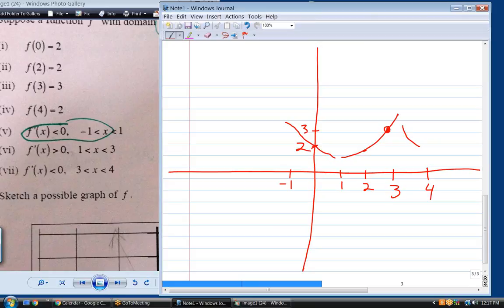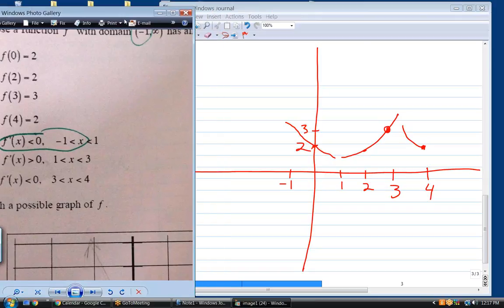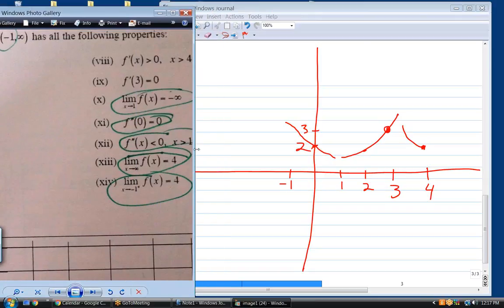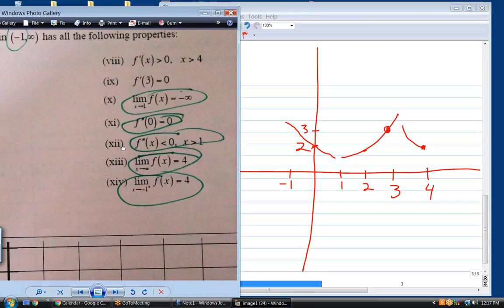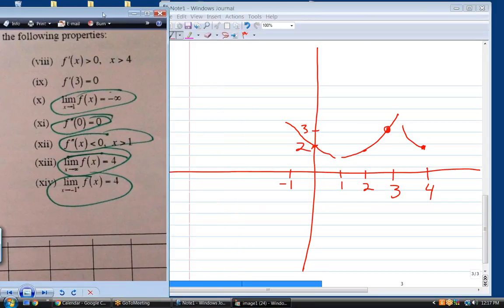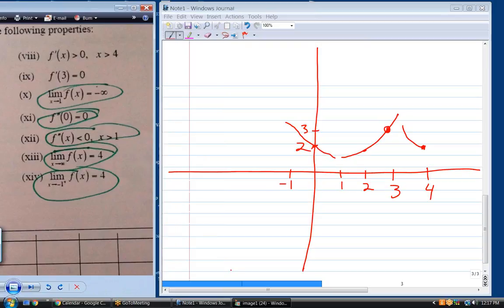F of 4 equals 2. Okay. So far, our curve looks pretty good. So far, our curve agrees with all of those. So let's look at the rest of them. Greater than 4, it's increasing. So we'll go like that.